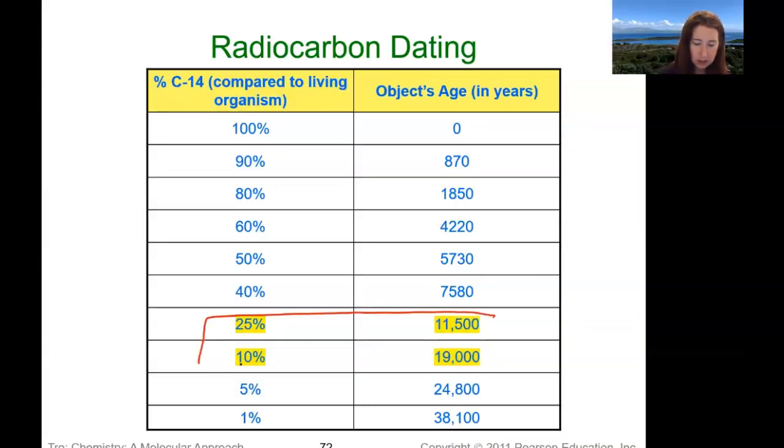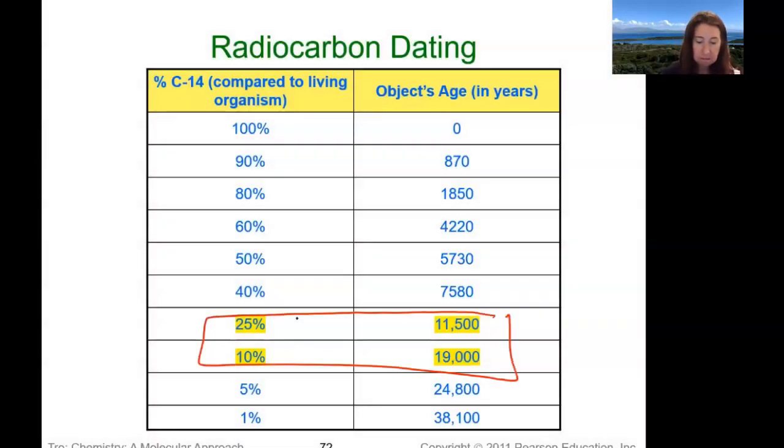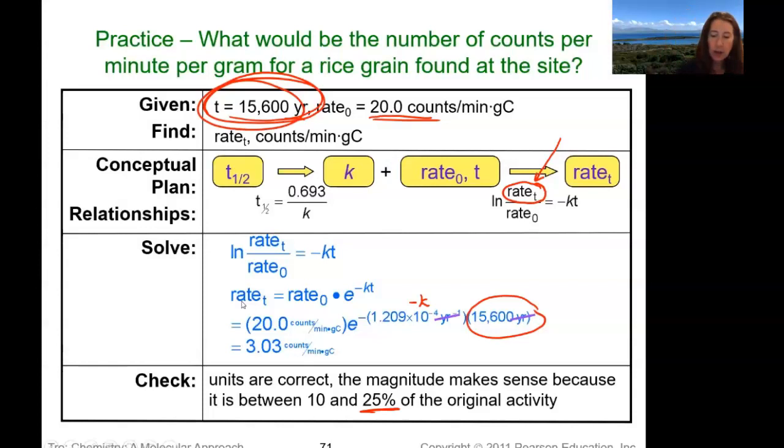It shows about how much carbon-14 you should have in there, about 25% of the original. That makes sense, right? So 15,000 years is right in here, in between 10 and 25%. There's a little bit of logic to it. Again, it's all kind of new to us, but there's a little more logic to it.